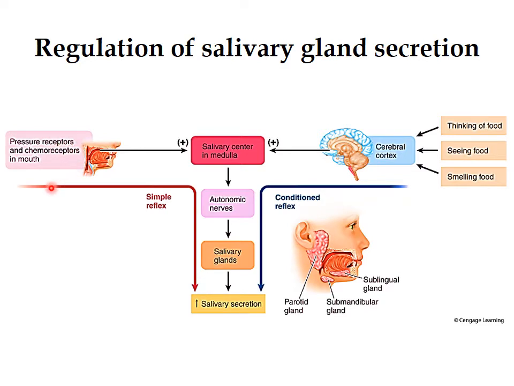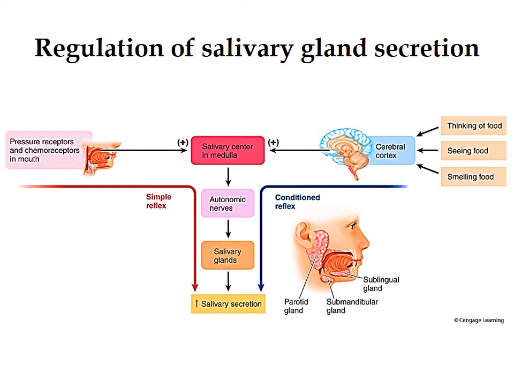The first one we talk about is the simple reflex. There are two reflexes here, simple reflex and conditioned reflex. Let us first talk about the simple reflex. When the food is placed inside the mouth, the pressure receptors and the chemoreceptors in the mouth will be stimulated.